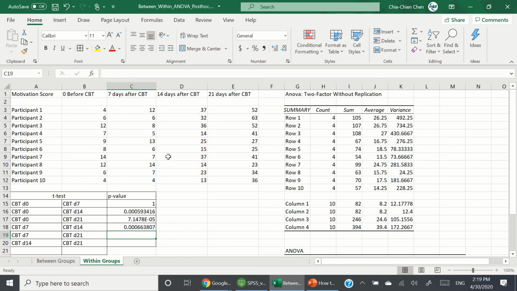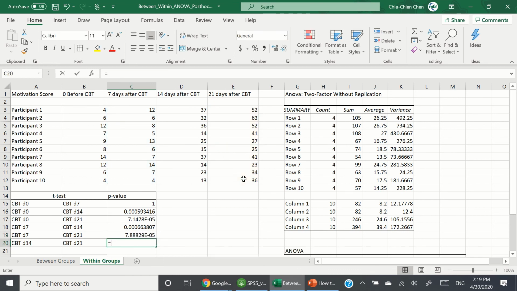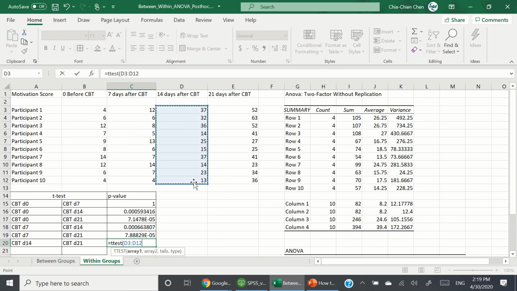Now this one we're looking for is this versus this, 2, 1. And then this is 14, comma, 21 days, comma 2, 1.